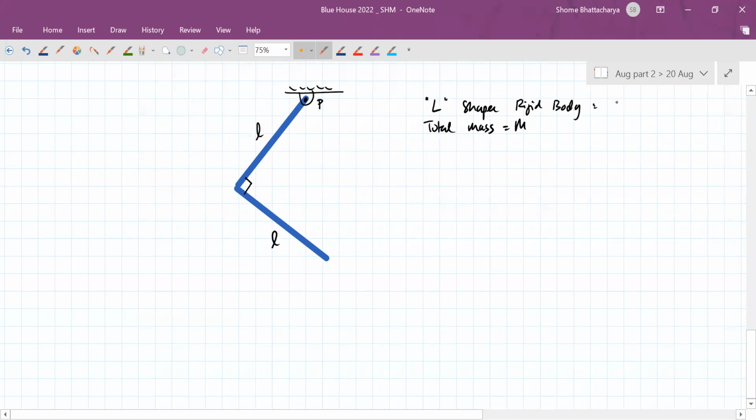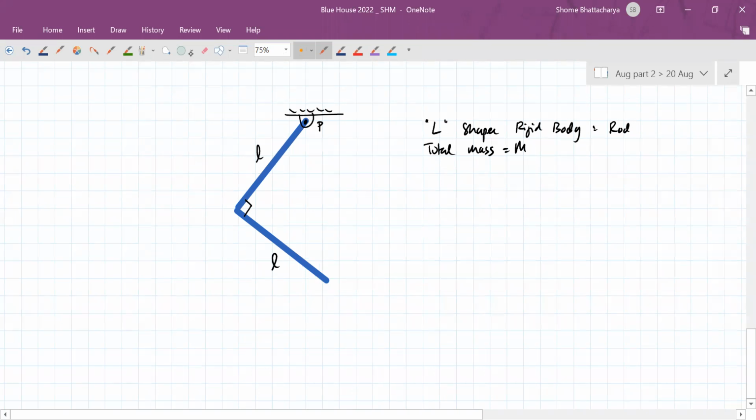which is basically a thin uniform rod of mass M and length 2L, which is bent into a 90-degree angle.